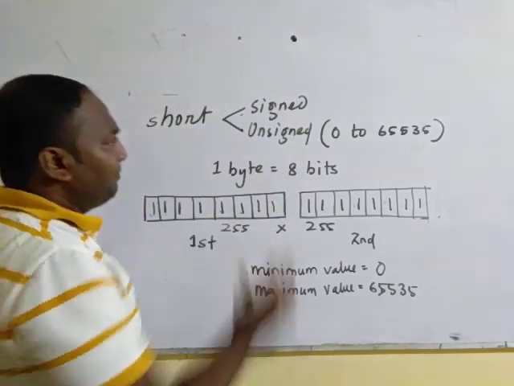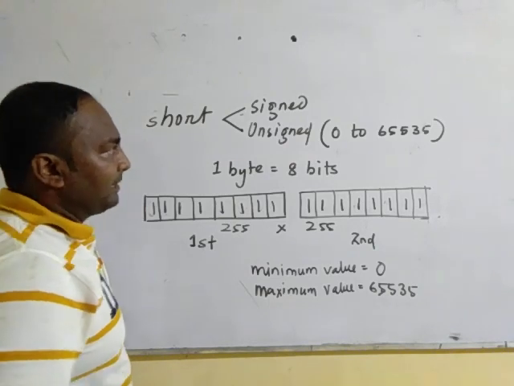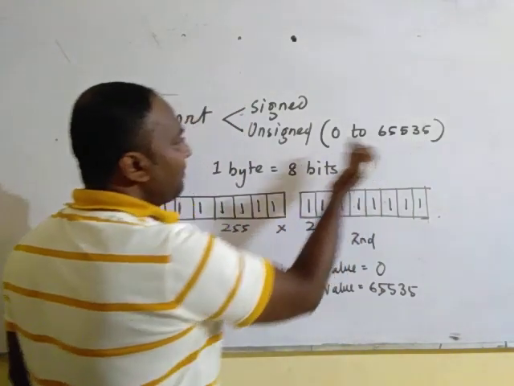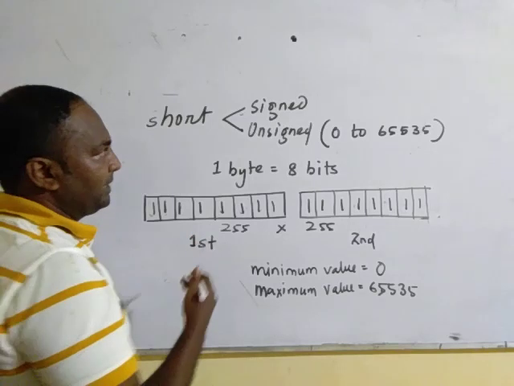If it is signed, means both negative and positive values are there. So we have to divide this by 2. Half for the negative side, half for the positive side. Okay.